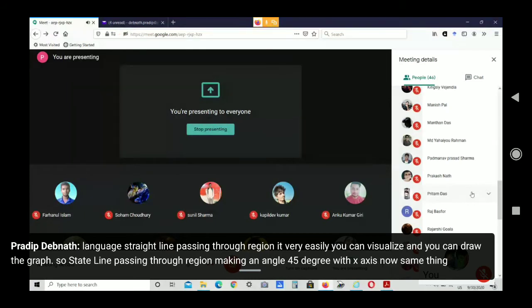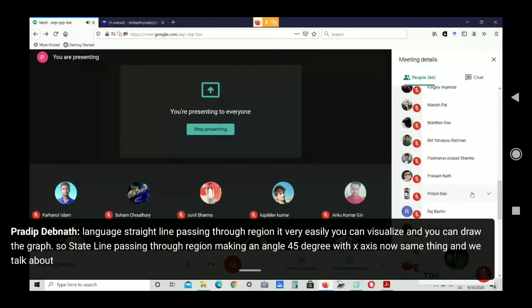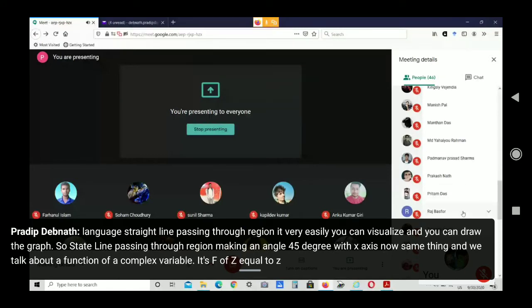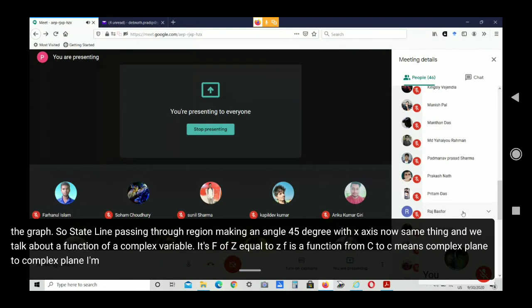Now the same thing when we talk about a function of a complex variable: f of z equal to z. f is a function from C to C, meaning complex plane to complex plane. Earlier, f was a function from R to R, from real line to real line, and you could draw the graph; it's a straight line.